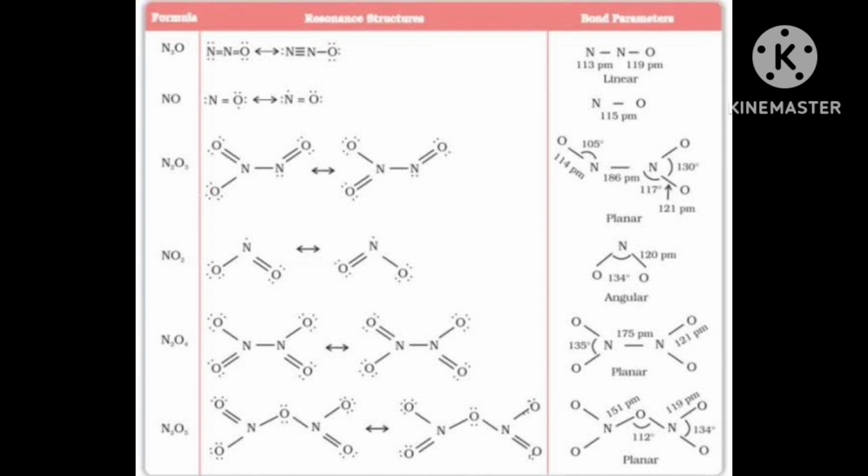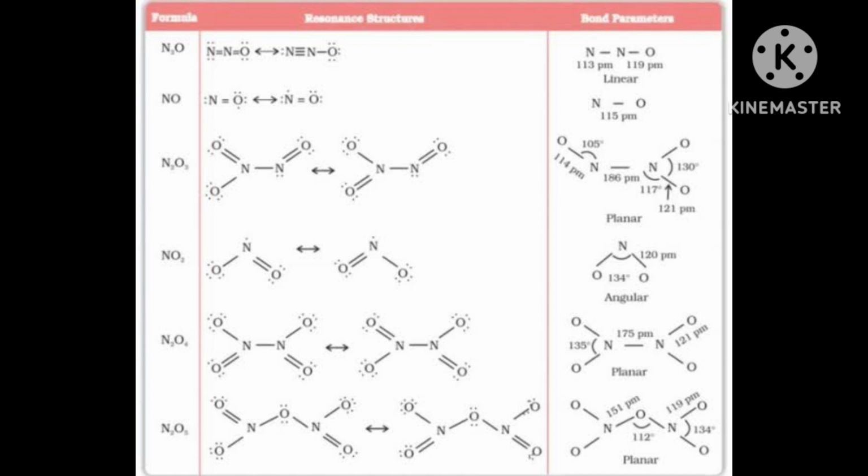Then here I told you about this, N2O. Now in the second structure, where the double bond was there it becomes a single bond, and where the single bond was there it becomes a double bond. Both are resonance structures. And what is the angle and bond length?